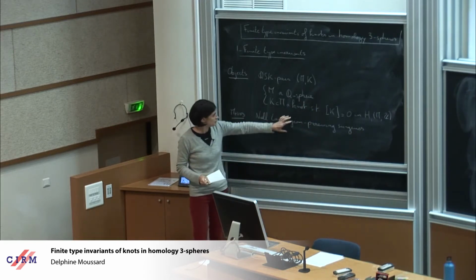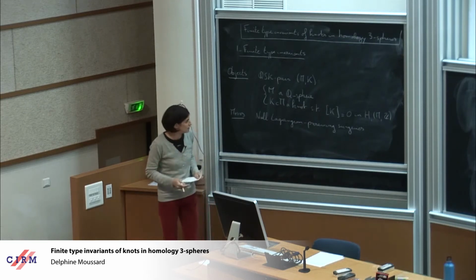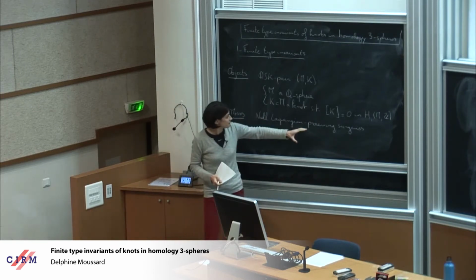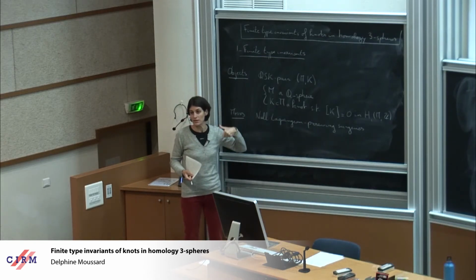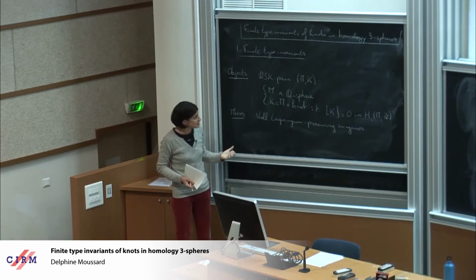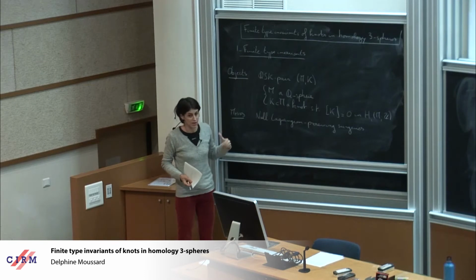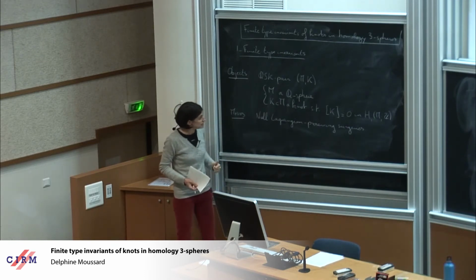So I won't give a precise definition of this surgery move, just briefly. So that's a surgery move, meaning that we cut a piece of the manifold and glue another one instead. So here the pieces that we replace are rational homology handlebodies that are embedded in the complement of the knot.